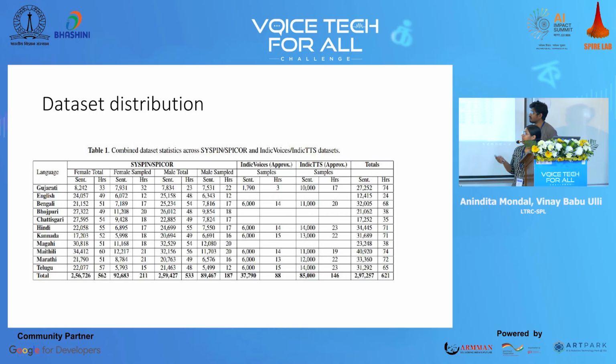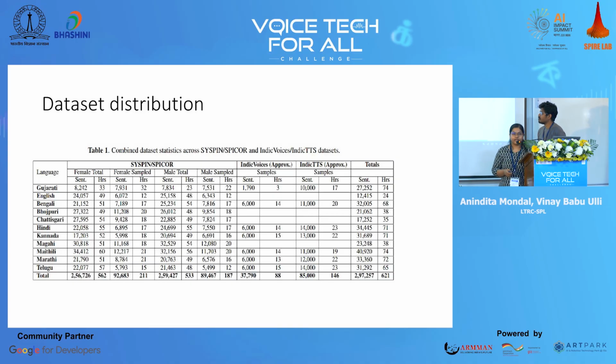Also, SISPIN and Spire has only one male and one female speaker. So we also included multiple speakers from INDIC voices and INDIC TTS for the languages which they support. And we formed the total corpus of 621 hours for all the 11 languages.